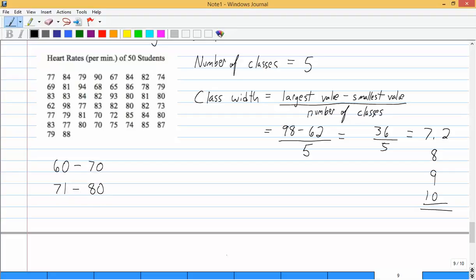So how about we say, and this is just so that we won't run into that problem, let's say 60.5 to 70.5. So do you see how this would help us not run into that problem that I'm talking about?